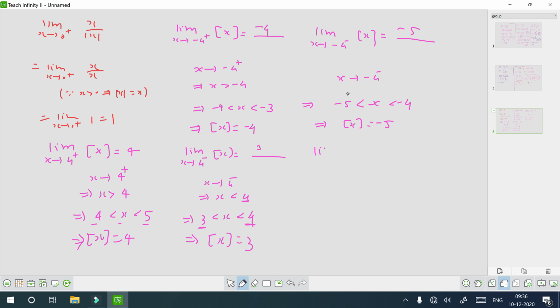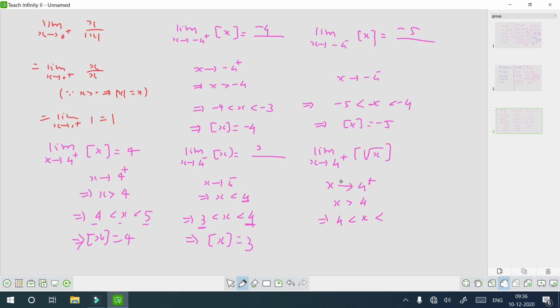Let us see slightly, limit x tends to 4 plus, integer part function of square root of x. x tends to 4 plus means x greater than 4. So 4 less than x less than something.